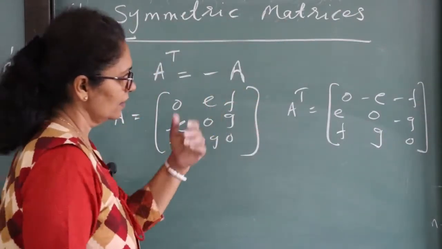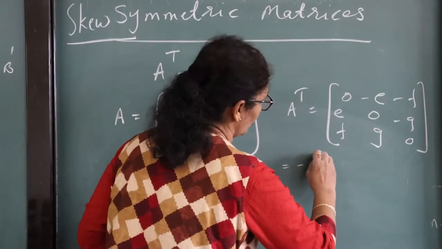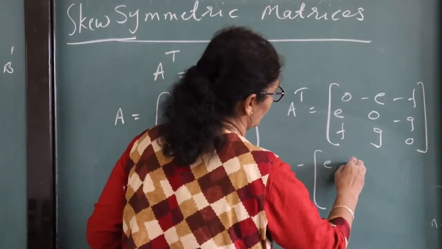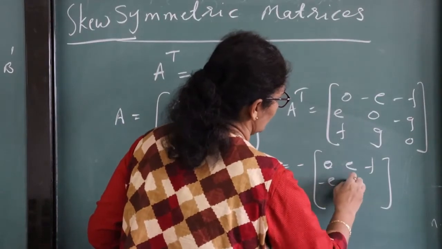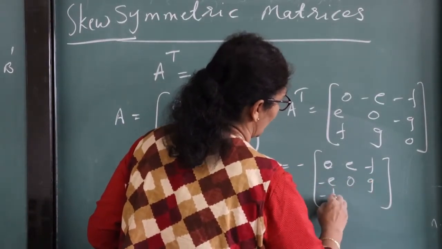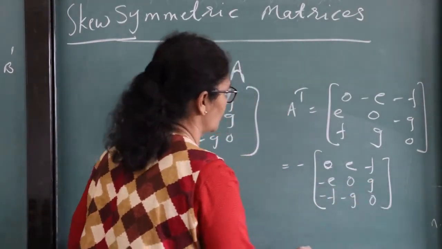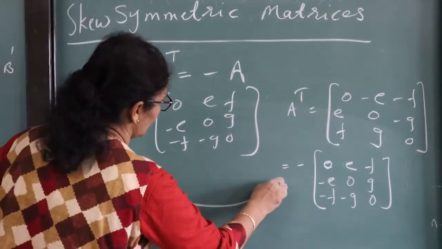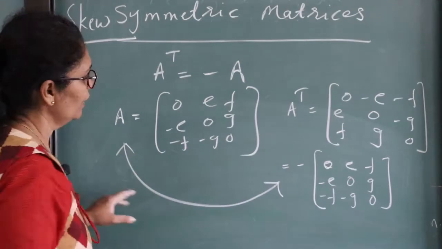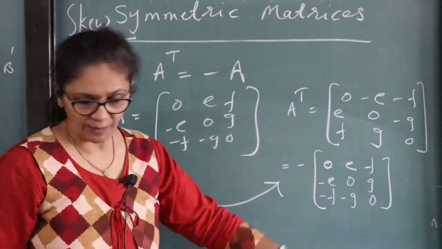Now check. If you take the minus sign from this, then you get 0, E, F, minus E, 0, G, minus F, minus G, 0. Check it. Both matrices are the same, matrix A with a minus sign.